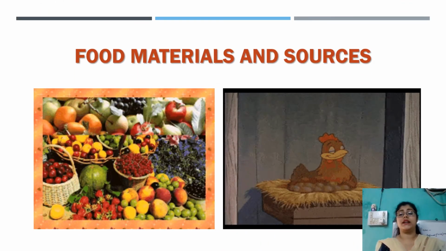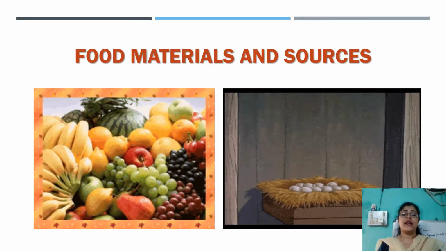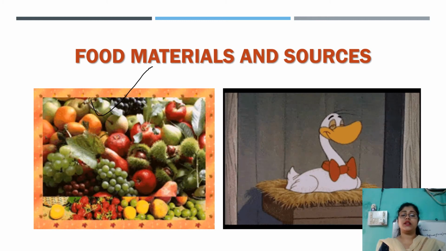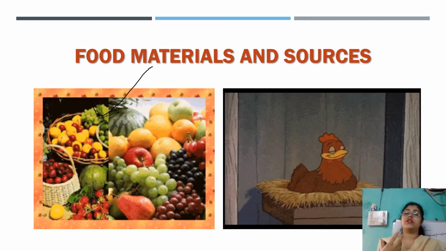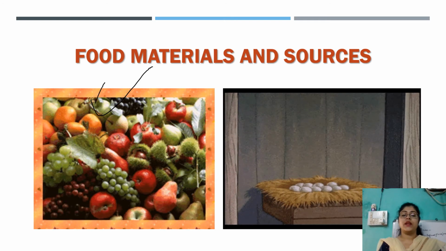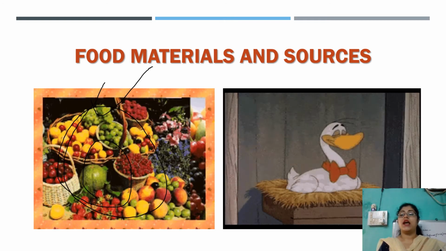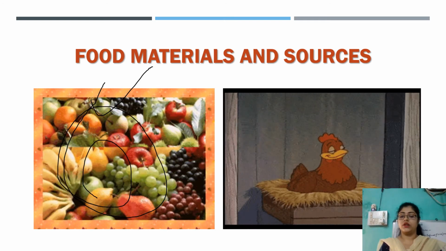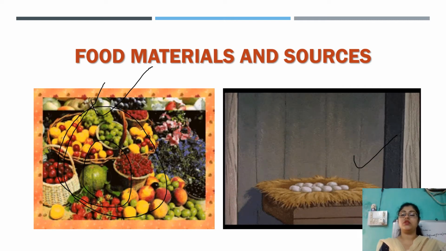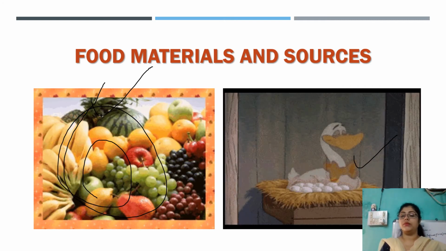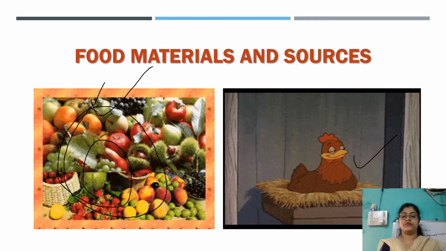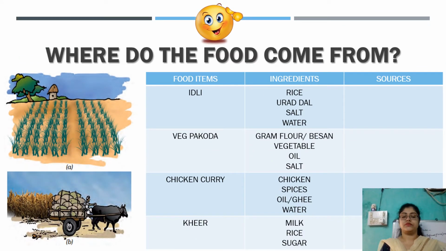Now, with this, our next topic is food material and its sources, right? As we just saw, the vegetarian food comes from plants and plant products, and the non-veg items come from animals and animal products. So now, where does the food come from?